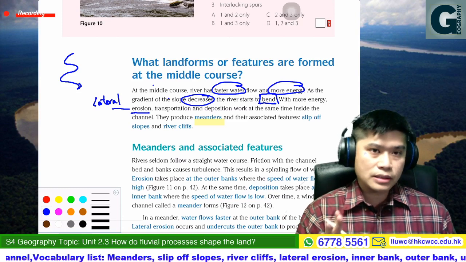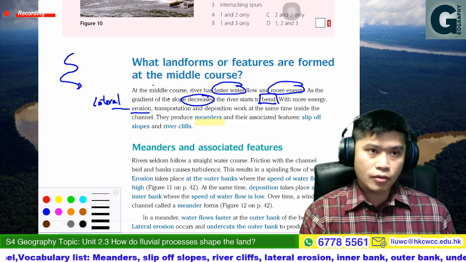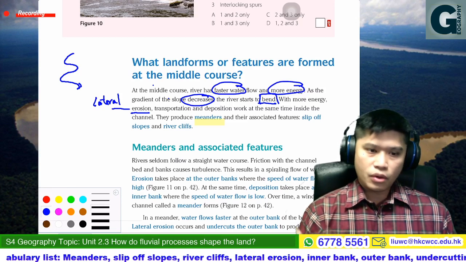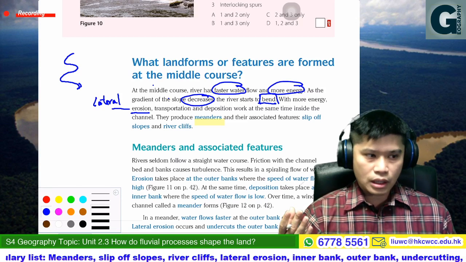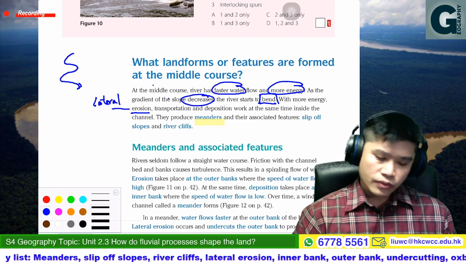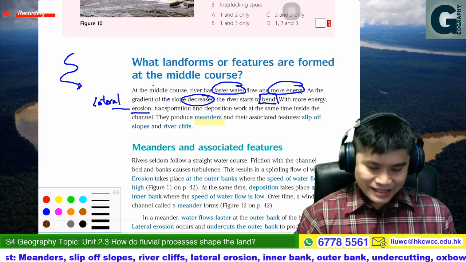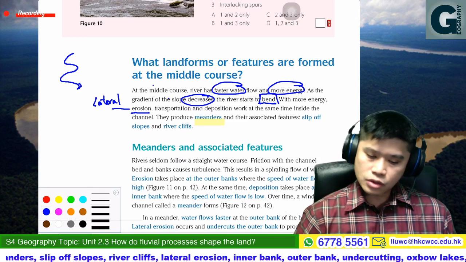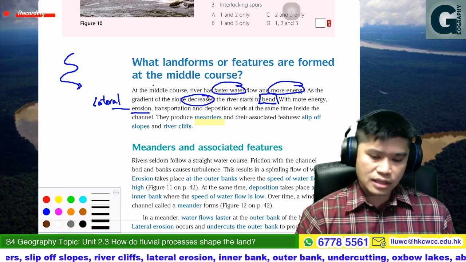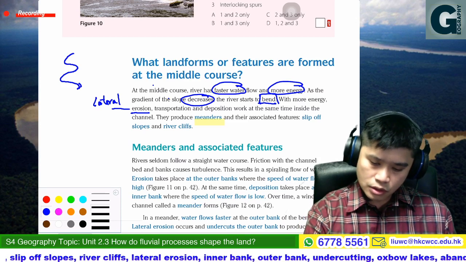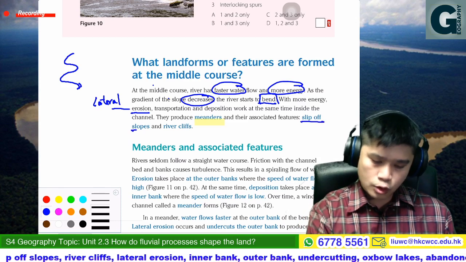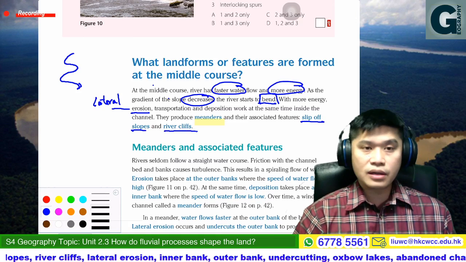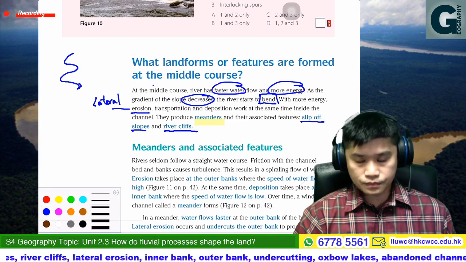I will explain how the lateral erosion may take place. So more energy, more erosion, more transportation, more deposition, therefore they produce meanders in the river. And then, what would be the features associated with the meander? There will be the slip-off slope, and also the river cliff.